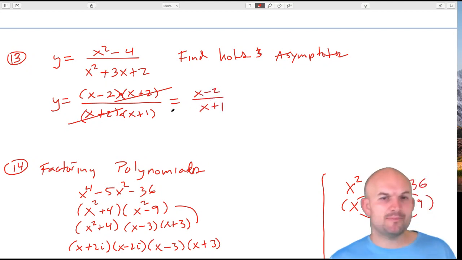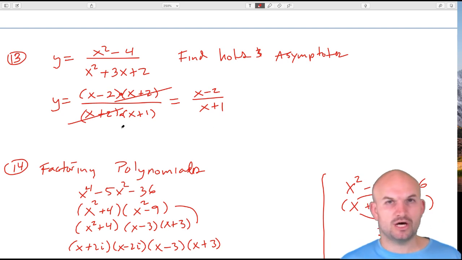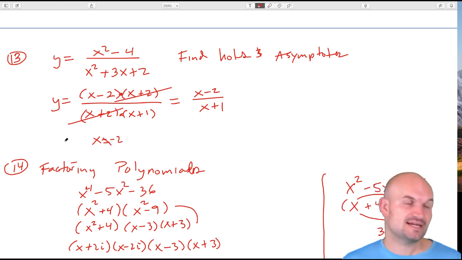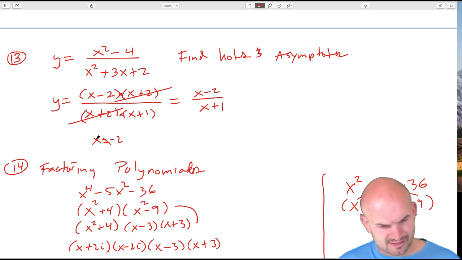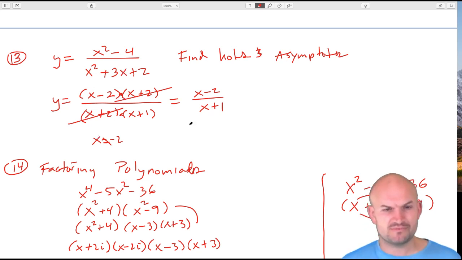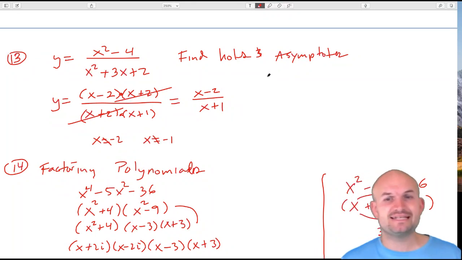But again, we have to remember that there are 2 values that are what we call our discontinuities. So, x cannot equal negative 2. That is an excluded value, and it is a discontinuity. And x cannot equal negative 1. These are both discontinuities, but how are they different?